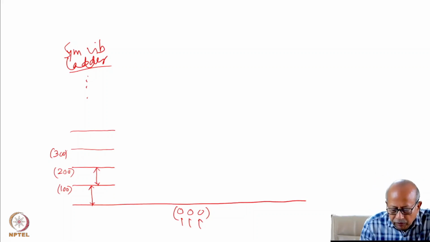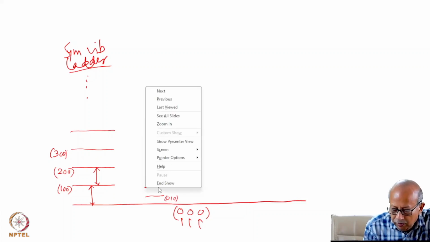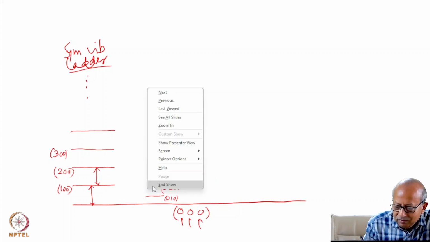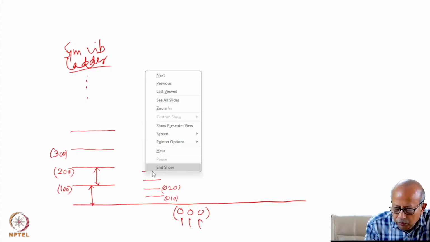Then you have the bending mode. So this is the first excited bending state, 0, 1, 0. Sorry, this is 0, 2, 0. This is 0, 2, 0, 0, 3, 0, 0, 4, 0.